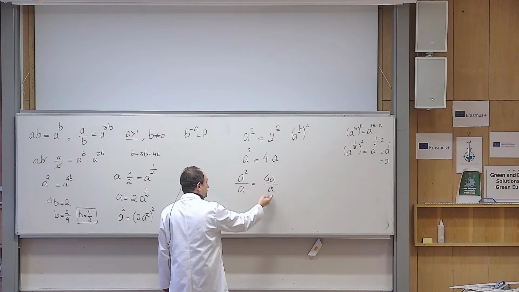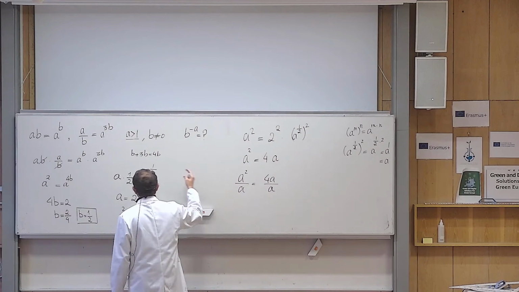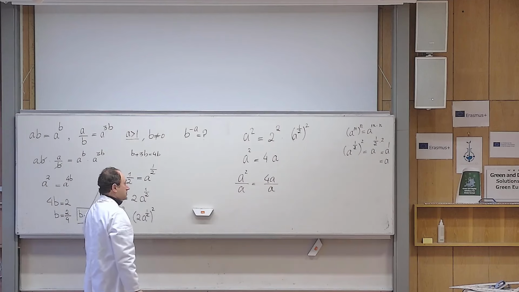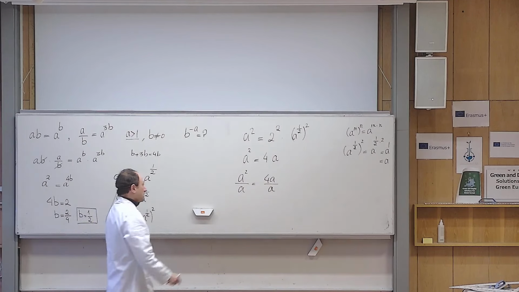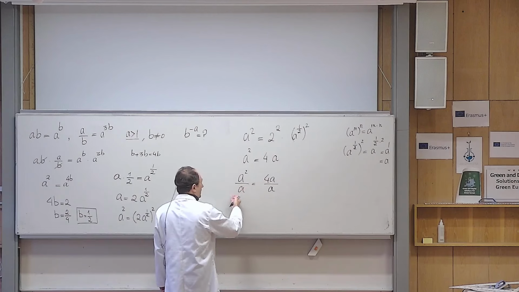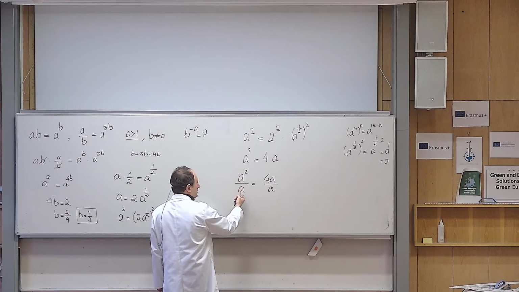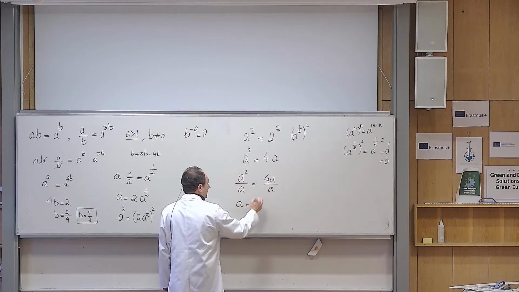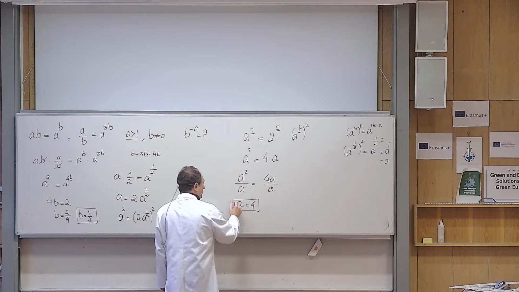Am I allowed to do that? Yes, I am allowed, because a is greater than 1, so automatically I know that a is not equal to 0. And then what is the benefit of that? You see what happens. One of these a's and this a are cancelled, so the left-hand side gives me just simply a. And on the right-hand side, a's are cancelled, and I just get 4.